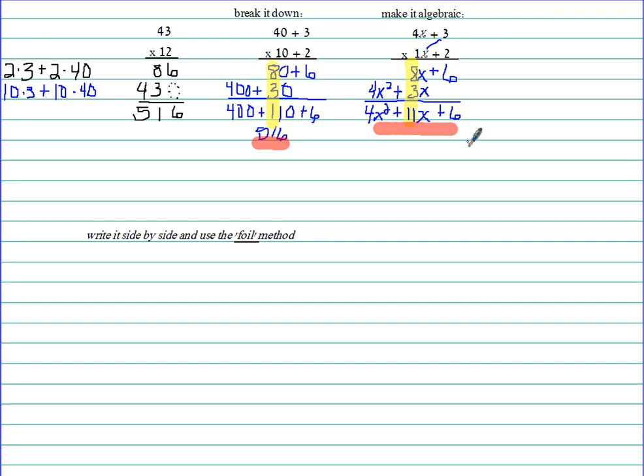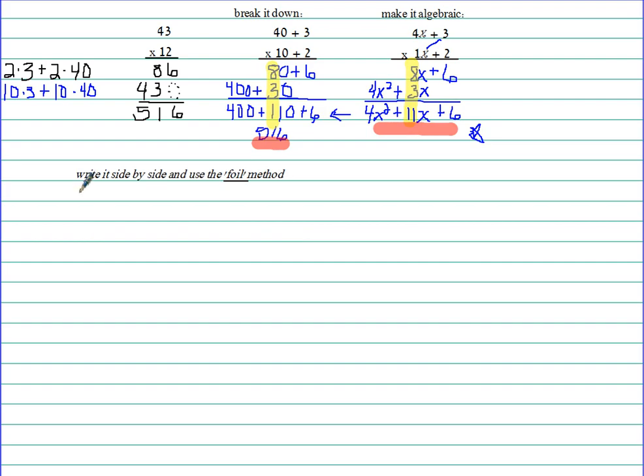This is where most students make mistakes. They think that because what they did in elementary school worked, they should be able to add it. But in this case, you can't add 4 to 11 to 6 because you did not add 4 to 11 to 6 in elementary school. So finish here and understand that that is the end result.